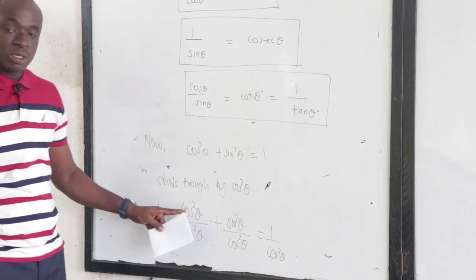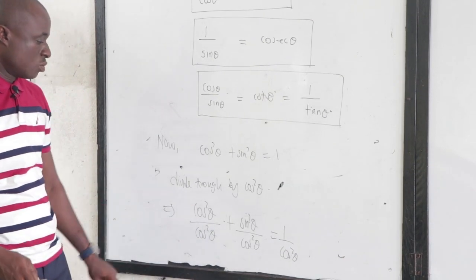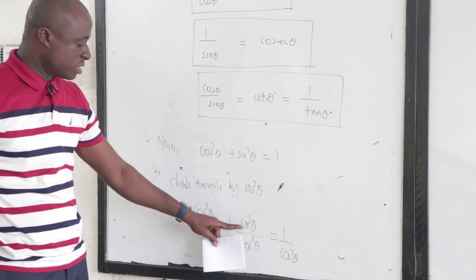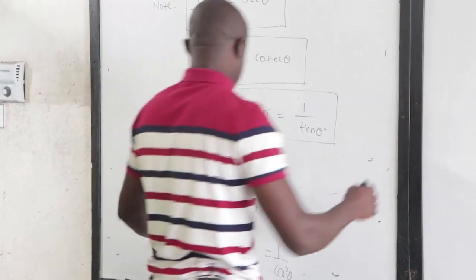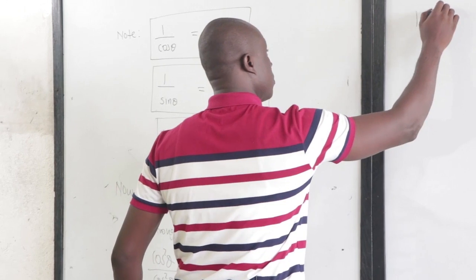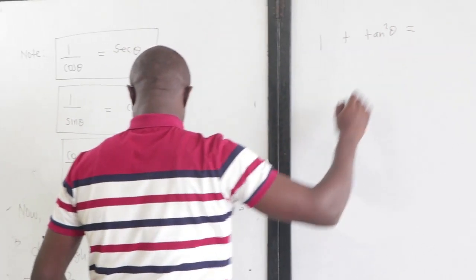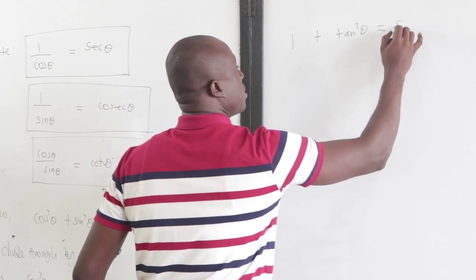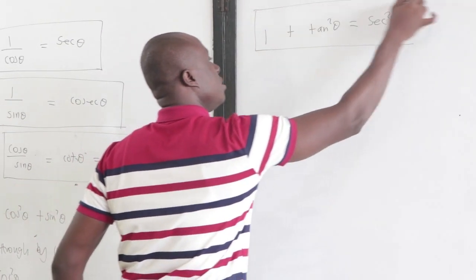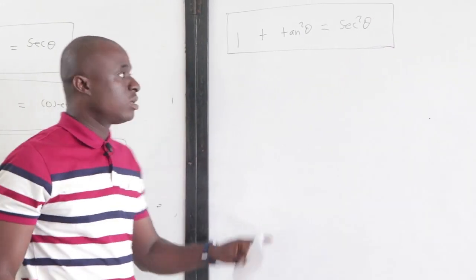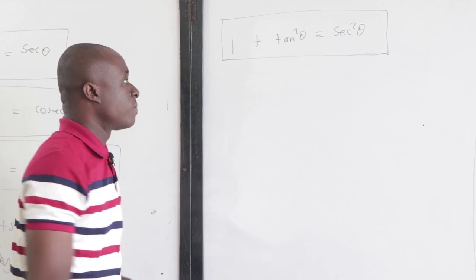Now what can we say? Cos square theta divided by cos square theta, that is 1. Now we know sine over cos is tan, so it is telling us that 1 plus tan square theta. Now 1 over cos is sec, so it is equal to sec square theta. So this identity, please don't forget about it: 1 plus tan square theta is equal to sec square theta.